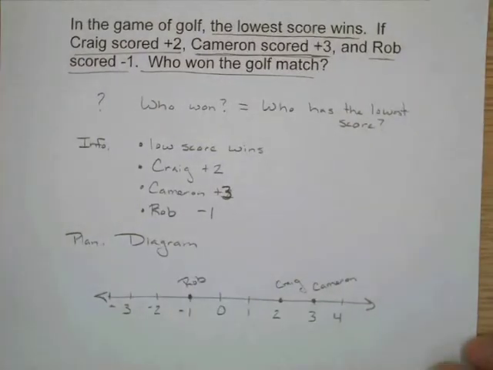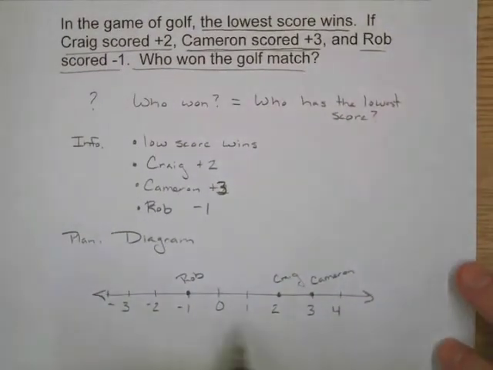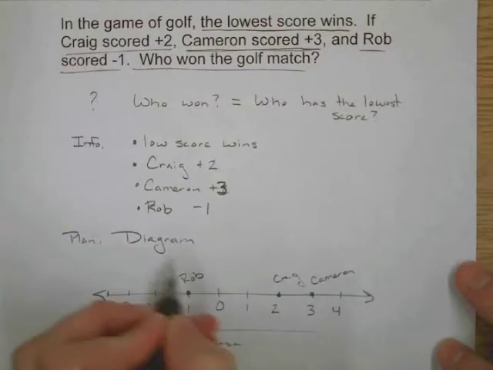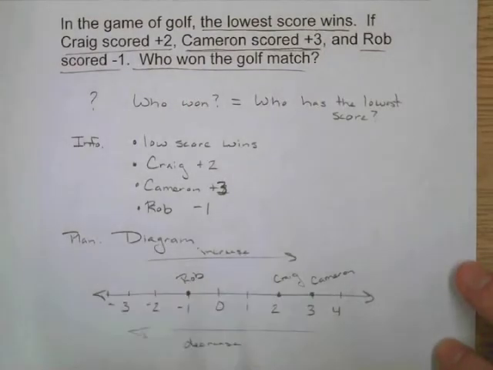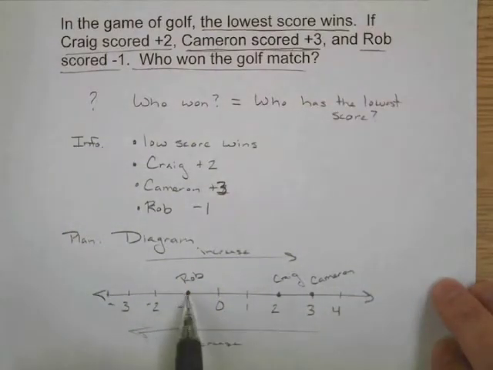Well, I know that as I'm looking on a number line, as I go this direction, the numbers get smaller. And as I go this direction, they get larger, they increase. So that means that the further to the left, the smaller the number. So Rob has the lowest number, followed by Craig and then Cameron.